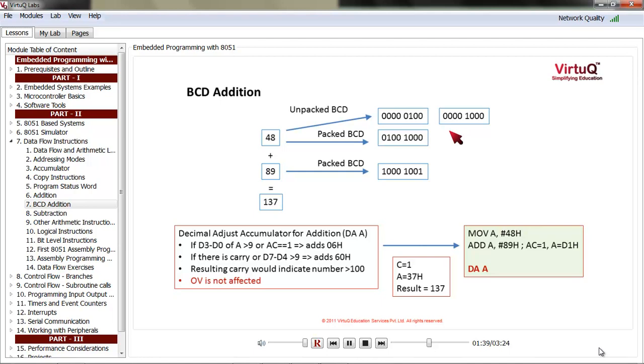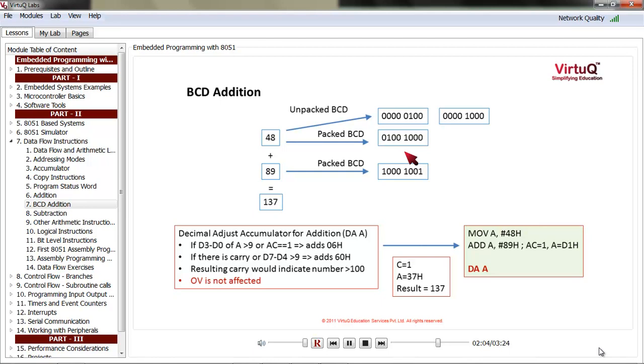On the other hand, in case of packed BCD, both decimal digits will be in a single byte. The upper nibble corresponds to the first decimal digit, and the lower nibble corresponds to the second decimal digit.